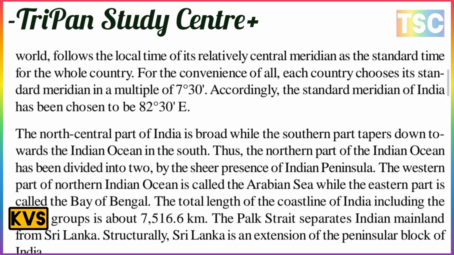The total length of the coastline of India including the island groups is about 7,560.2 kilometers. A strait separates mainland India from Sri Lanka, and structurally Sri Lanka is an extension of the peninsular block of India.